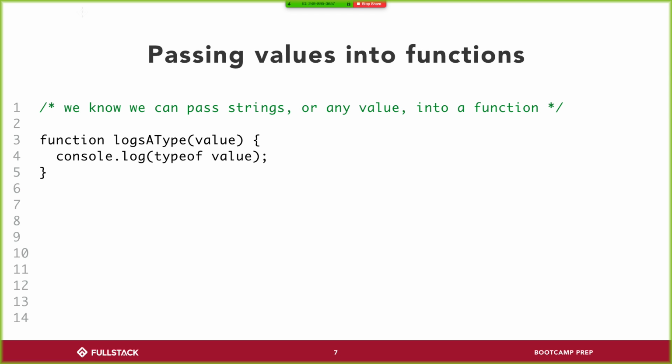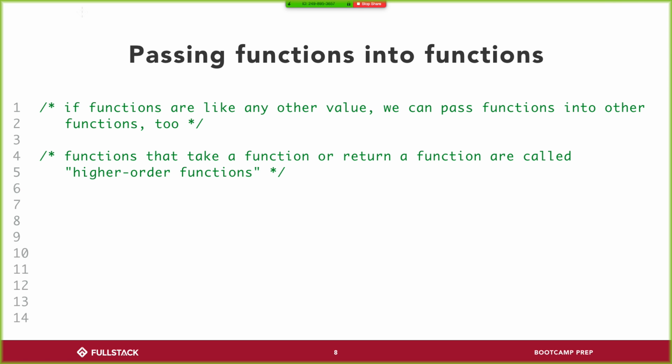So, passing values into functions. We're used to passing in strings, numbers, and arrays into function parameters. But we can also pass in a function. So this is where the name higher order function comes from.